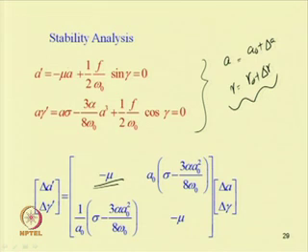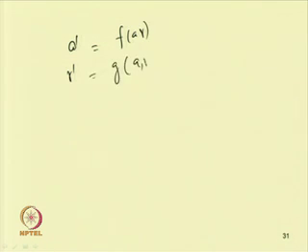So, let us take this equation in this form, that is A dash and gamma dash equal to a function of A and gamma.